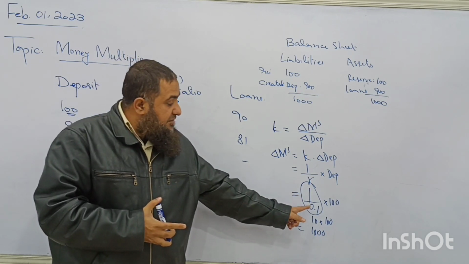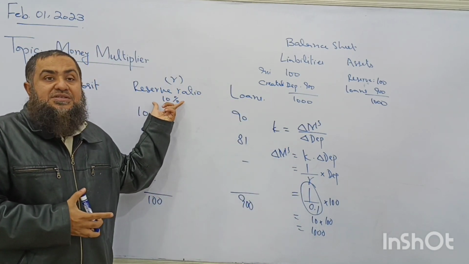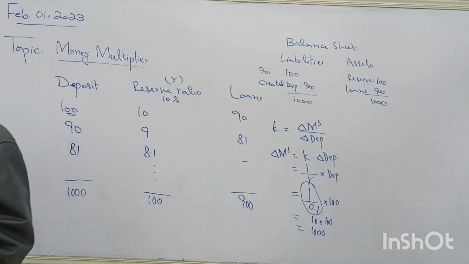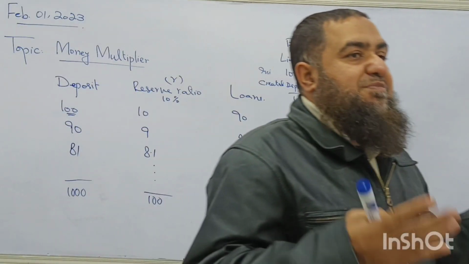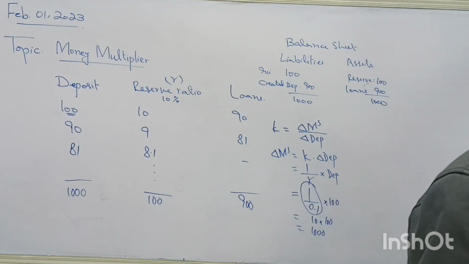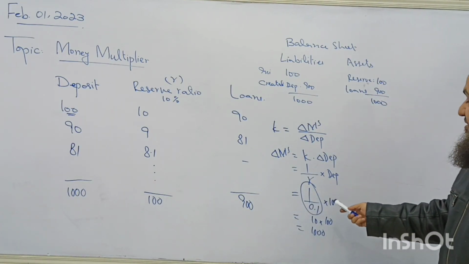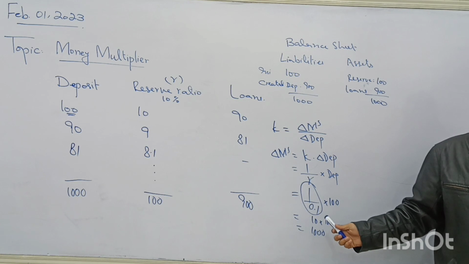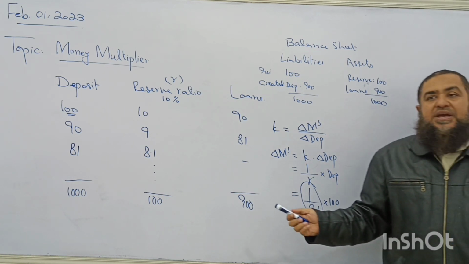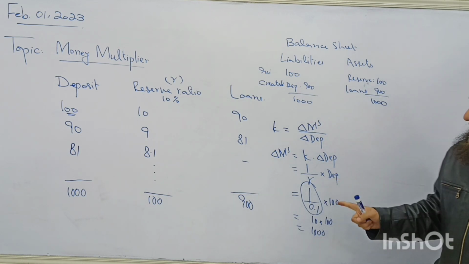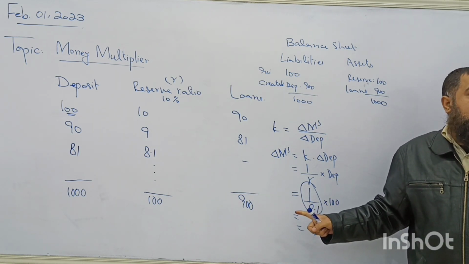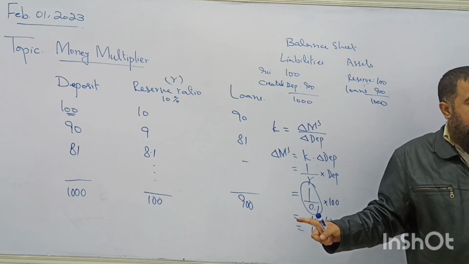This is the multiplier 1 over R. Okay? Now this reserve ratio is set by the central bank. For example, the central bank wants to reduce the money supply in the country. What will it do? It will change the reserve ratio. So it says keep 20% of your deposits as a reserve.